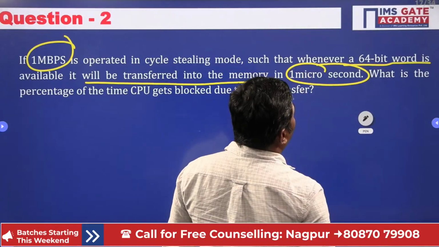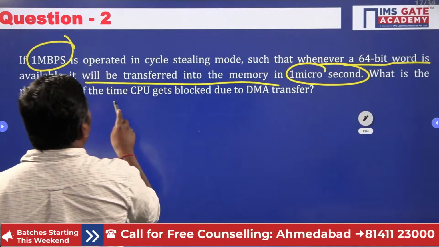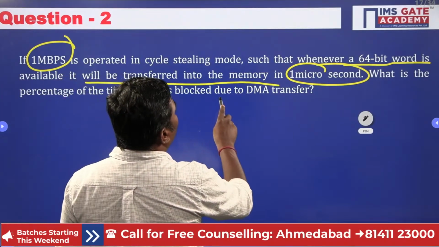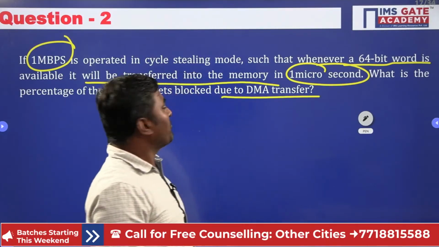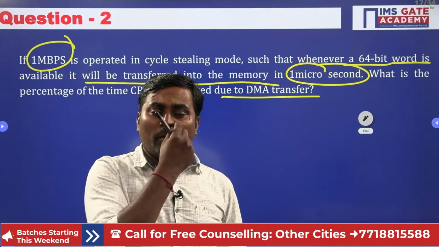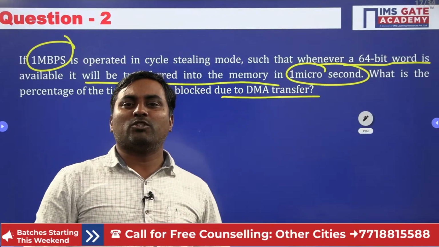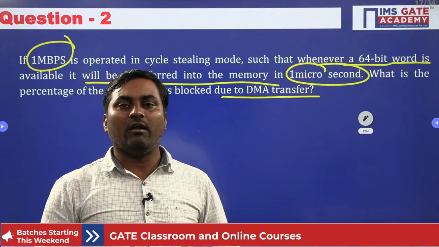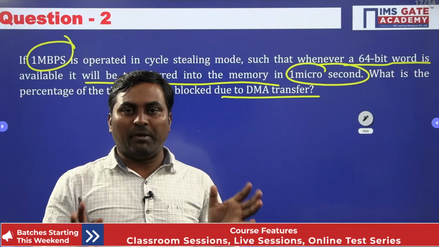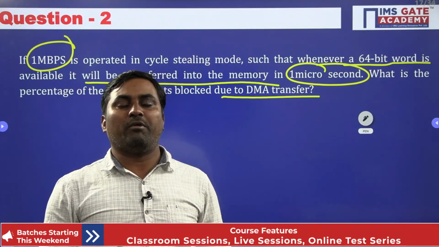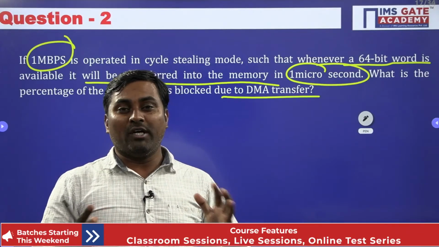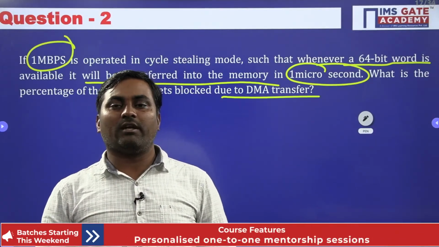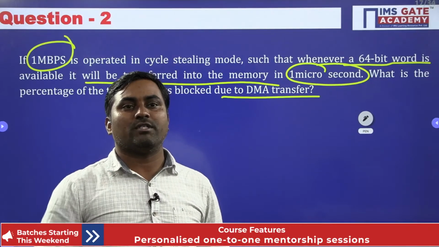What is the percentage of the time the CPU gets blocked due to DMA transfer? Did they mention which mode the DMA is working in? They said the speed of the device is 1 Mbps, meaning 1 MB of data can be transferred in 1 second. That is the data transfer rate of the device here.